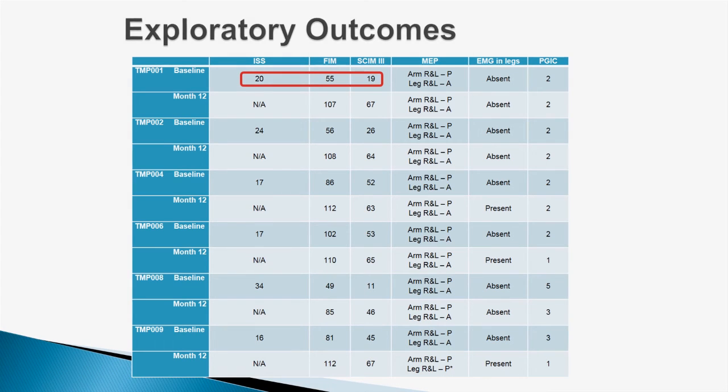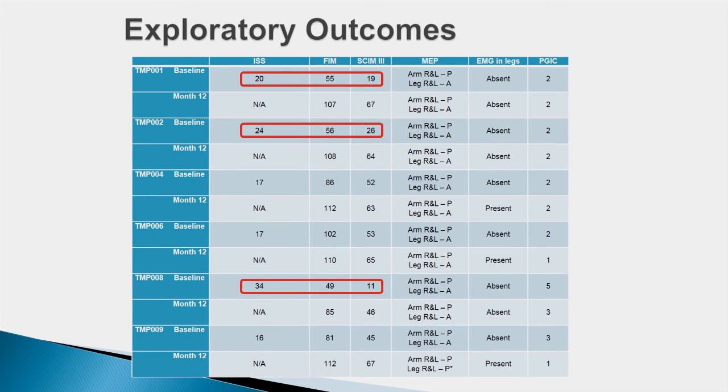So this individual had lower than expected FIM and SCIM scores at baseline. Remember, baseline is at least 1 month post-injury, but recovered as would be expected by month 12. Subject number 2 had the brachial plexus lesion, which did impair his functional ability initially, but that individual also recovered back to an expected level by month 12.